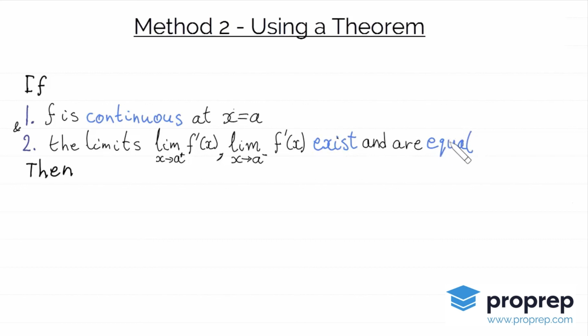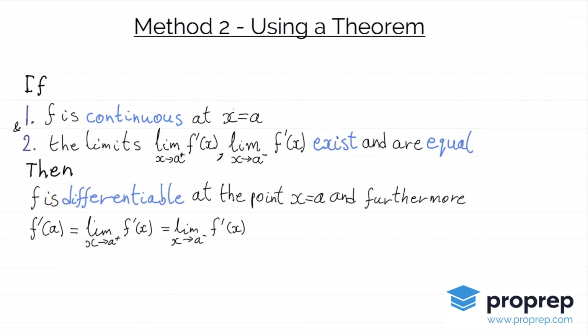And this also implies that they're not infinity, they exist and they're finite. If these two conditions hold, then what we get is that f is differentiable at the point x equals a. And not only that, but we actually know the value of the derivative at a, which is equal to these two limits above that were already equal.